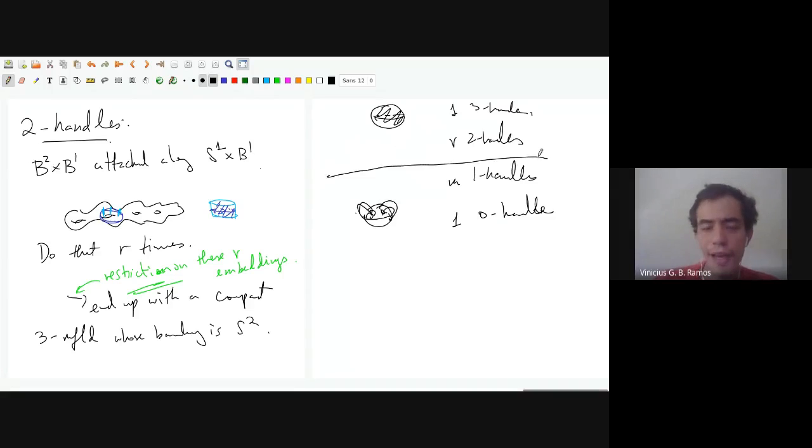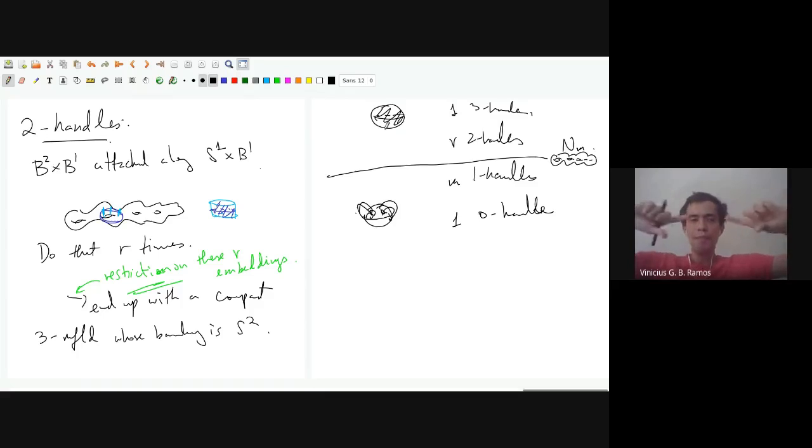But the thing that's kind of amazing is that I know that if I stop here, I have the interior of a genus M surface, HM. But on the other hand, I can flip my Morse function and think about attaching handles from top to bottom.